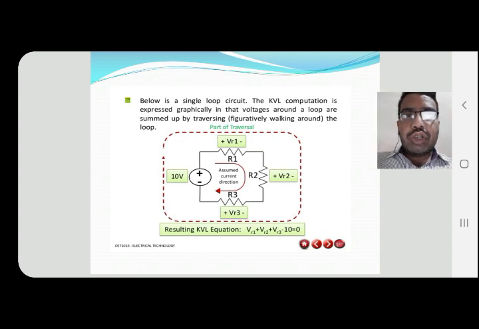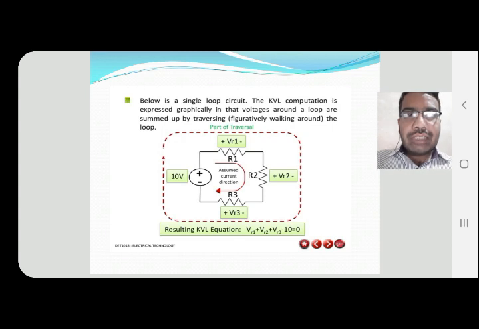The voltage drop across R1 is VR1, then the voltage drop across R2 is VR2, then the voltage drop across the R3 resistor is VR3. Then the resulting KVL equation is VR1 plus VR2 plus VR3 minus 10 equal to 0.